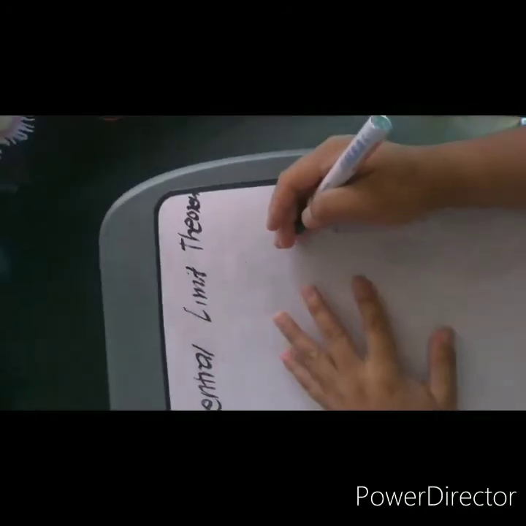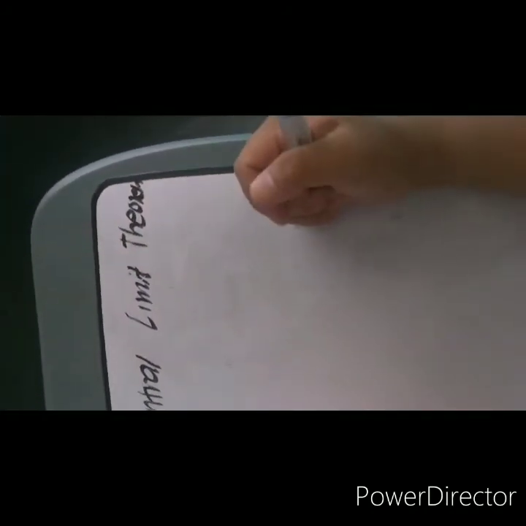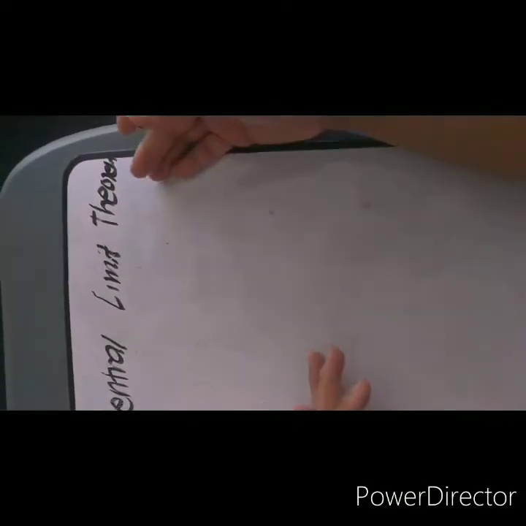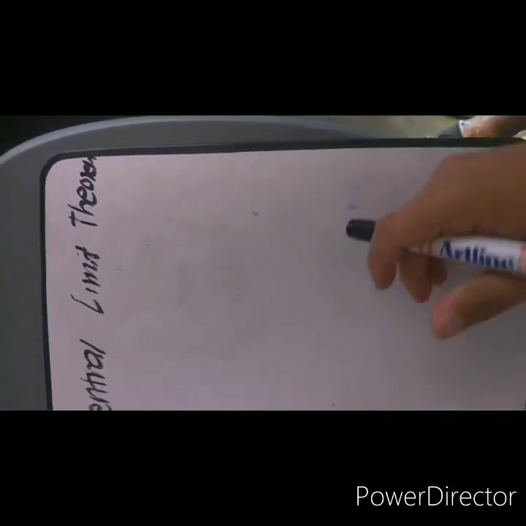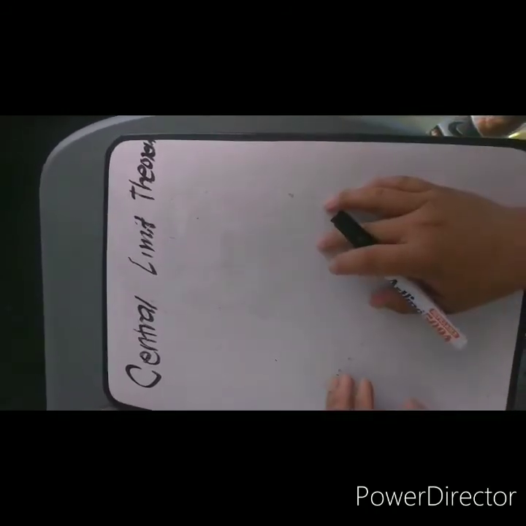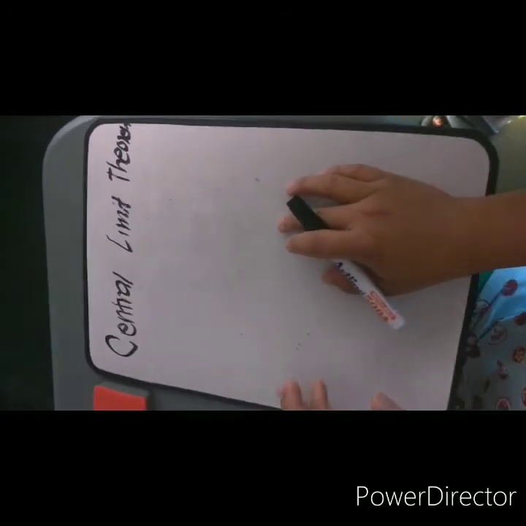Okay. For the central limit theorem, for you to be able to understand it easily, the larger the sample size, the more that you are going to have a normal curve. Syempre, if common sense, let's say for example, you are going to do a research of your class. You are 50 in your class.